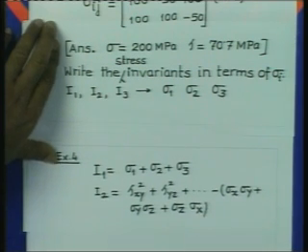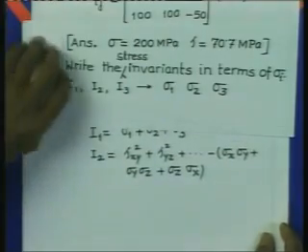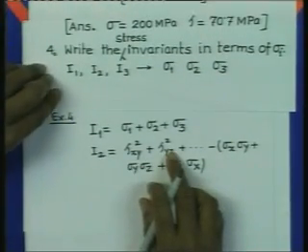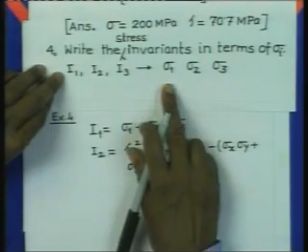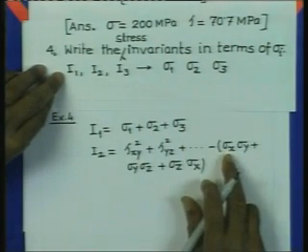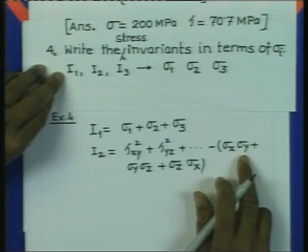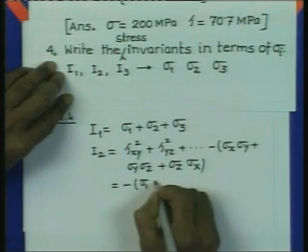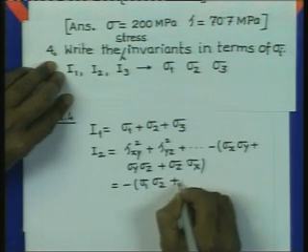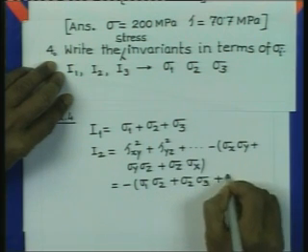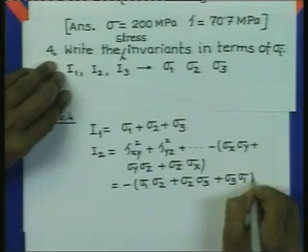Now, in this case the shear stresses are all 0 since we are working in terms of the principal directions. Therefore, we directly get sigma x to be sigma 1, sigma y to be sigma 2, and therefore this is given by minus sigma 1 sigma 2 plus sigma 2 sigma 3 plus sigma 3 sigma 1.